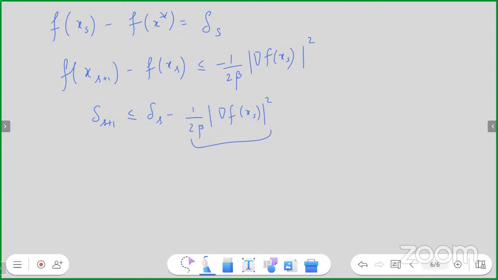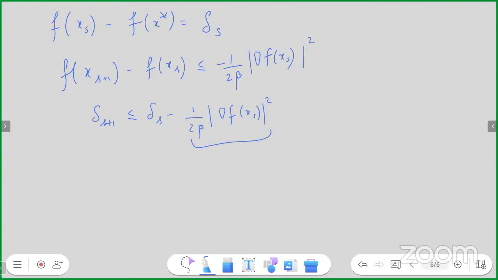If I want to get rid of the gradients and instead have some function of delta s and the distance from the optimizer, is there a way to do that? You can use any property of f: convex, smooth, whatever you want. So if we just look at del f of x_s squared, if we just do that, using the triangle inequality.